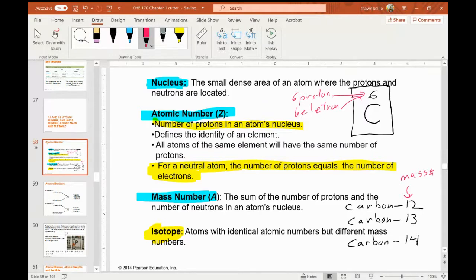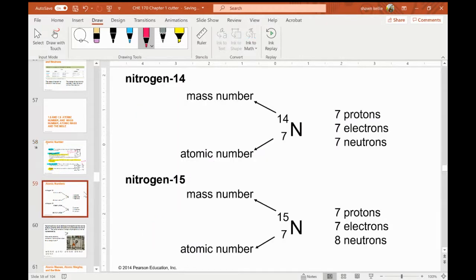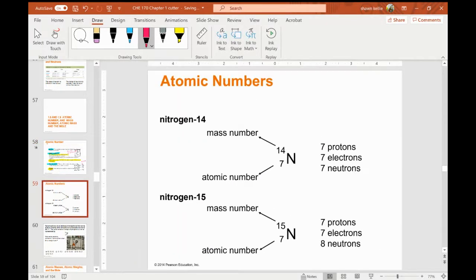The other way we can talk about isotopes of an element is to write the elemental symbol, the mass number as a superscript on the left-hand side, and the atomic number as a subscript on the left-hand side. Left-hand side tells you information about the nucleus.